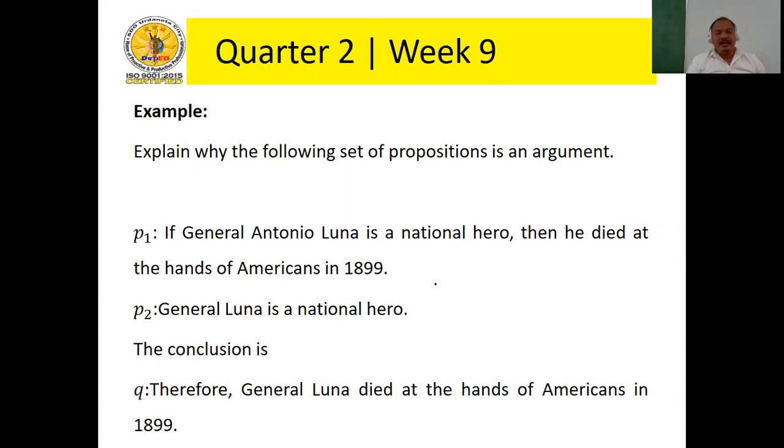The first statement is the first premise, P1, the major premise: if General Luna is a national hero, then he died at the hands of Americans in 1899. The second premise: General Luna is a national hero. The conclusion is Q: therefore, General Luna died at the hands of Americans in 1899. So Q will serve as your conclusion.